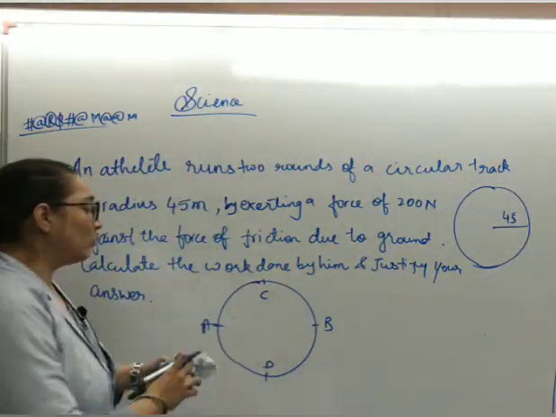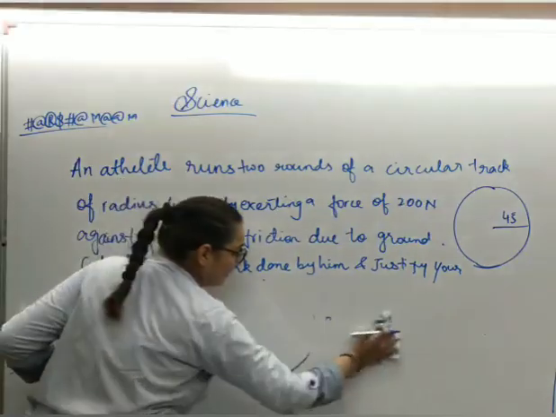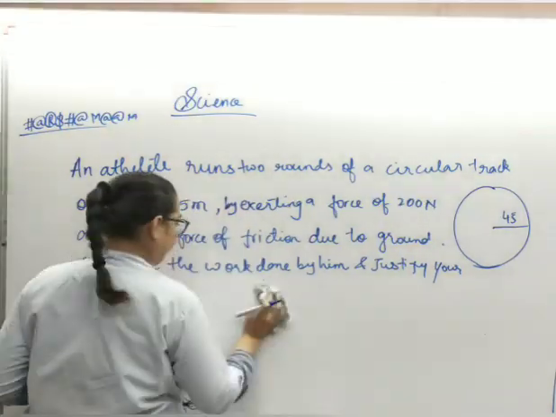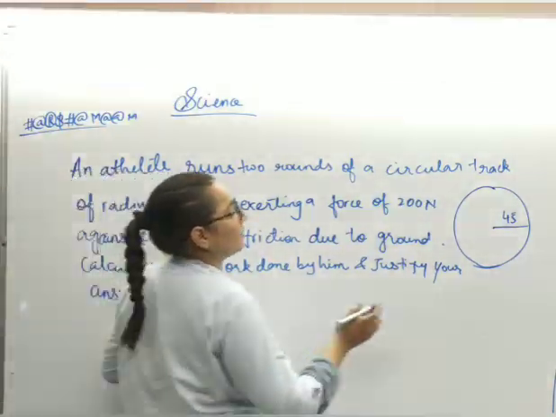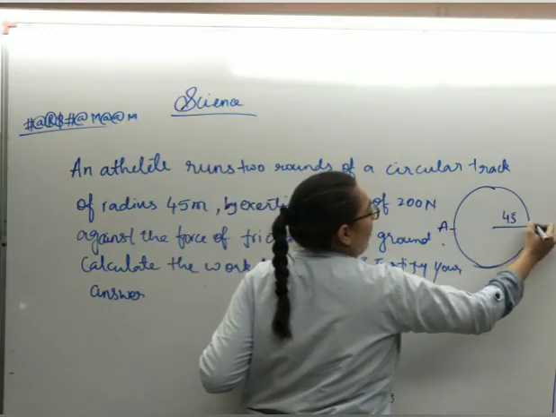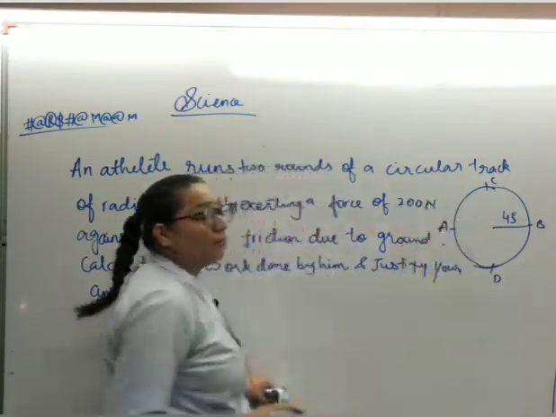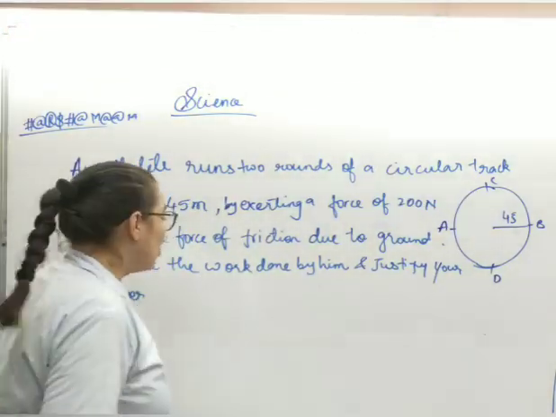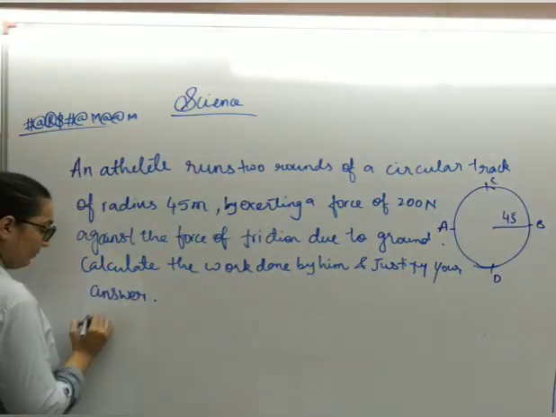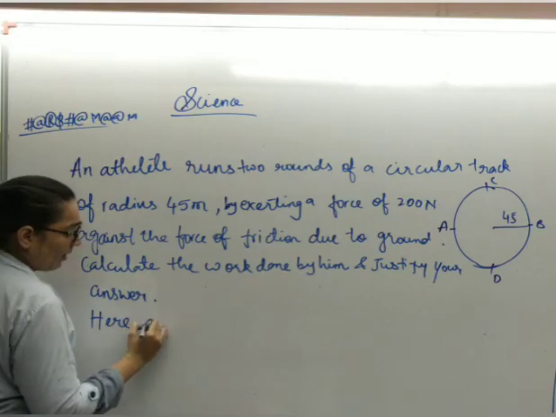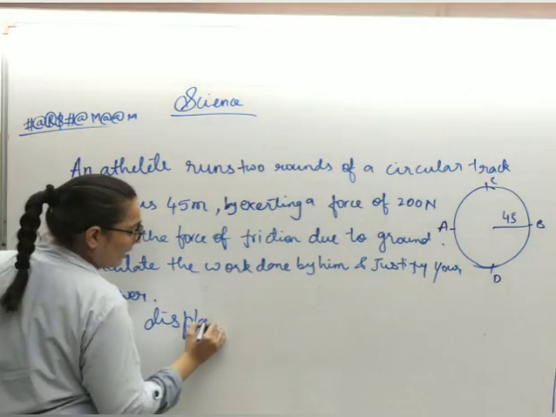Again we will come back to point A. A, B, C, D. Again it will move and come back to A. So over here, displacement is 0.